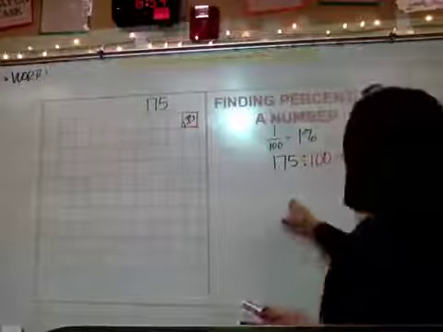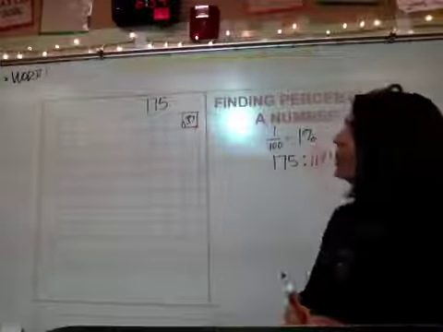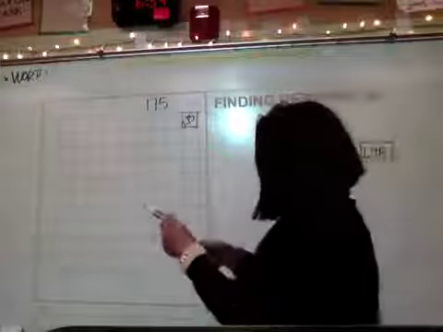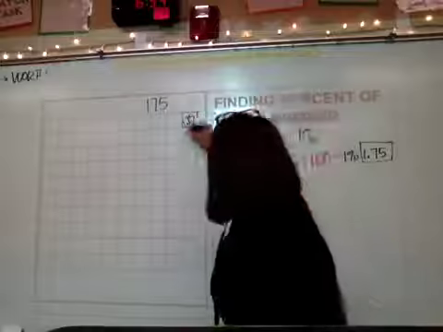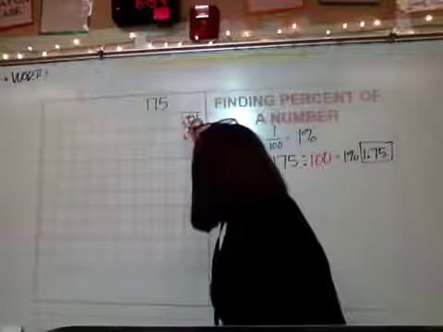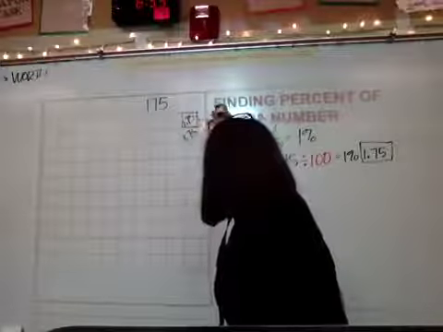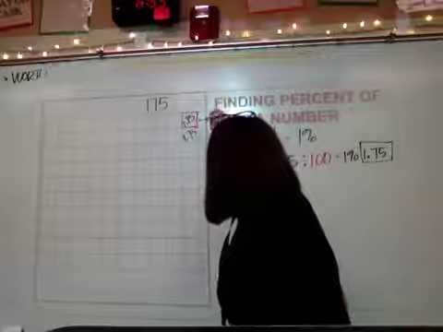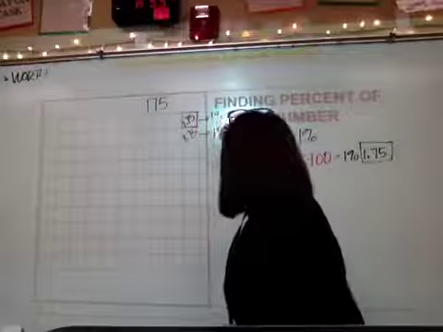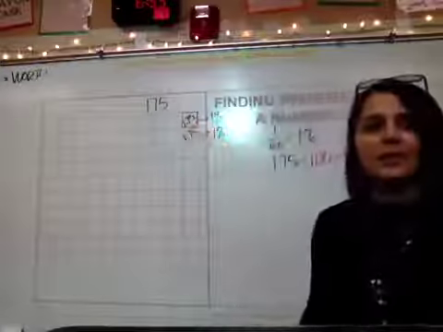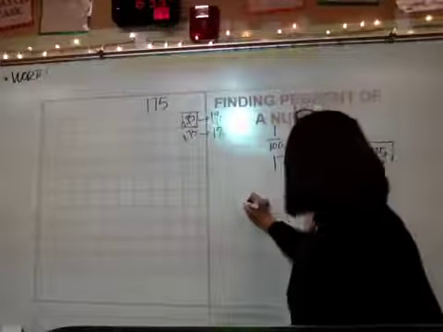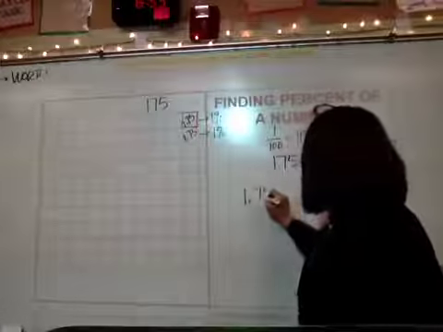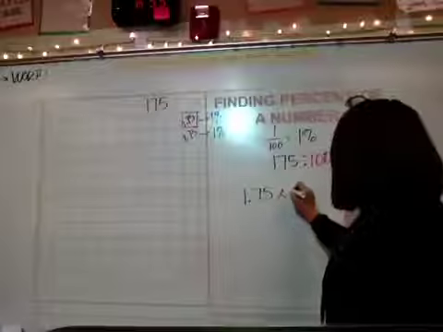So if I want to know 2%, that would be both of these boxes. So here is 2%, because each of these boxes is 1%. Now I have 2%, so it's 1.75, which is 1%, times 2.